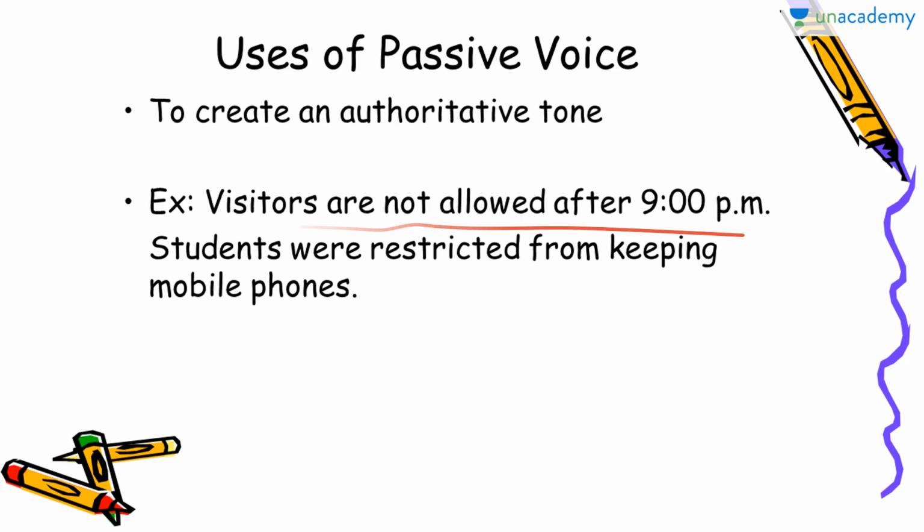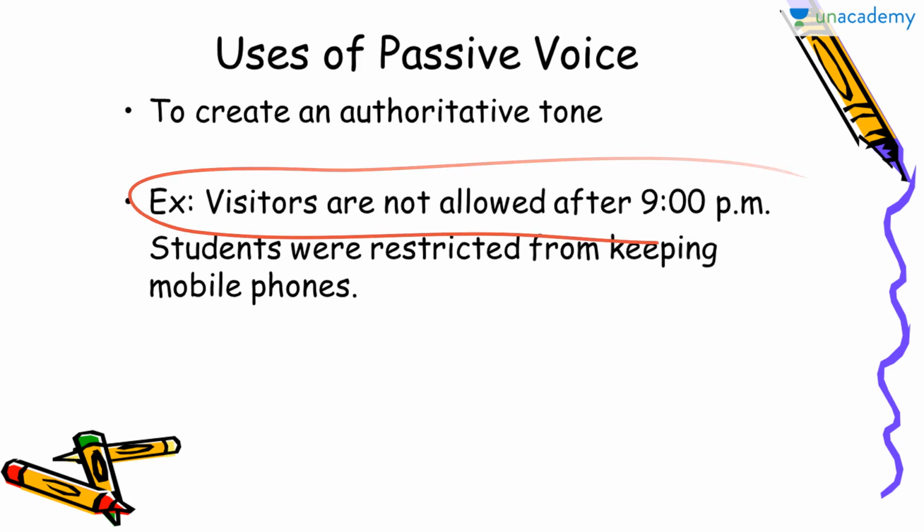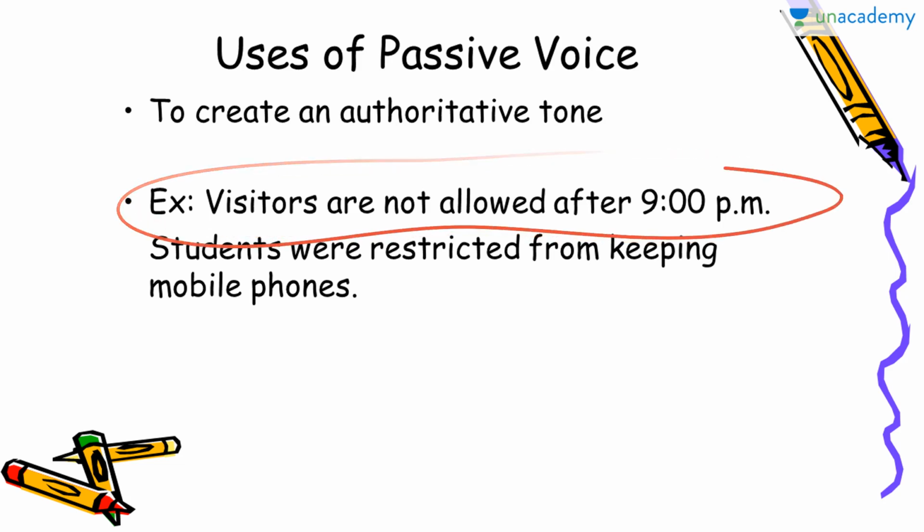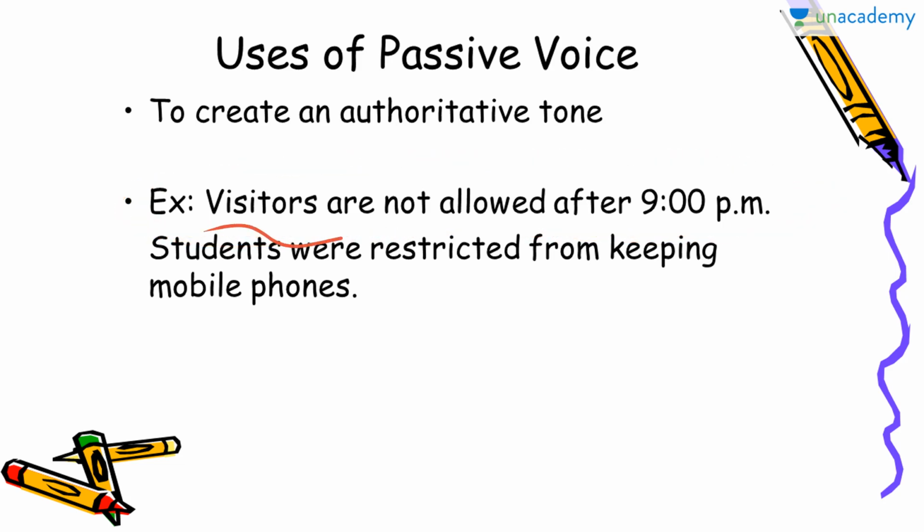You do it before 9 p.m. After 9 p.m. it's not possible. So this message is conveyed in this form, and we have used passive voice: visitors are not allowed after 9 p.m. It carries an authority that no one should do that. Another example, students were restricted from keeping mobile phones.